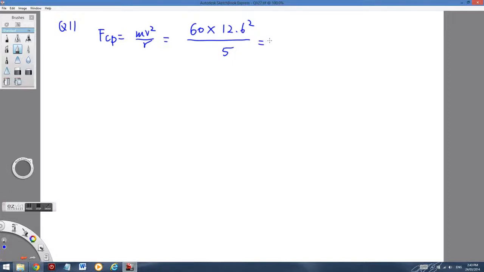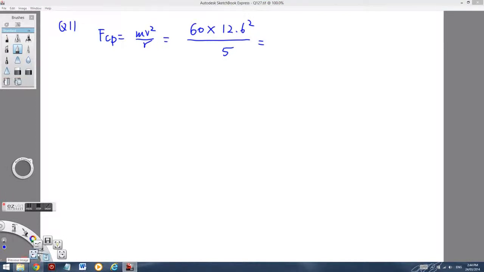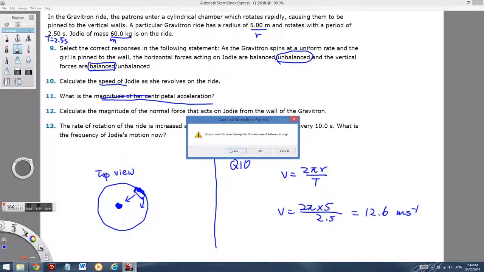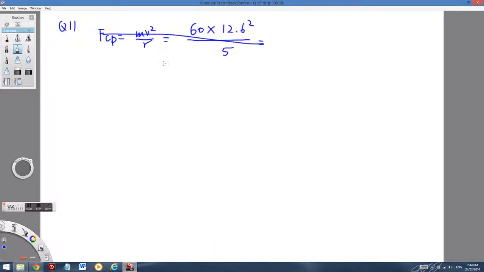Oh, sorry. Question 11 asks for acceleration. So I made a mistake there. If they ask for the acceleration, it will be v squared on r. So just 12.6 squared on 5. You do the math, it should be 31.6 meters per second squared.